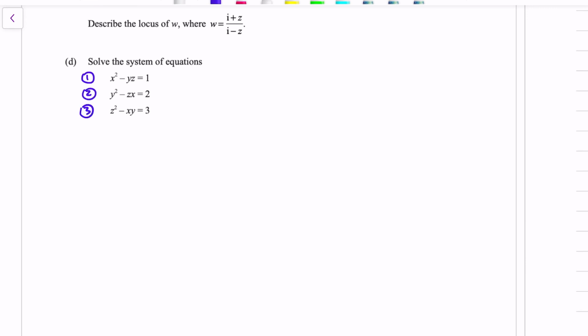If you go 2 minus 1, 2 minus 1 gives you y squared minus x squared, which is a difference of two squares, minus zx plus yz equals 1. It gives us the same thing on the right hand side as if we go 3 minus 2, just by the numbers that they've chosen.